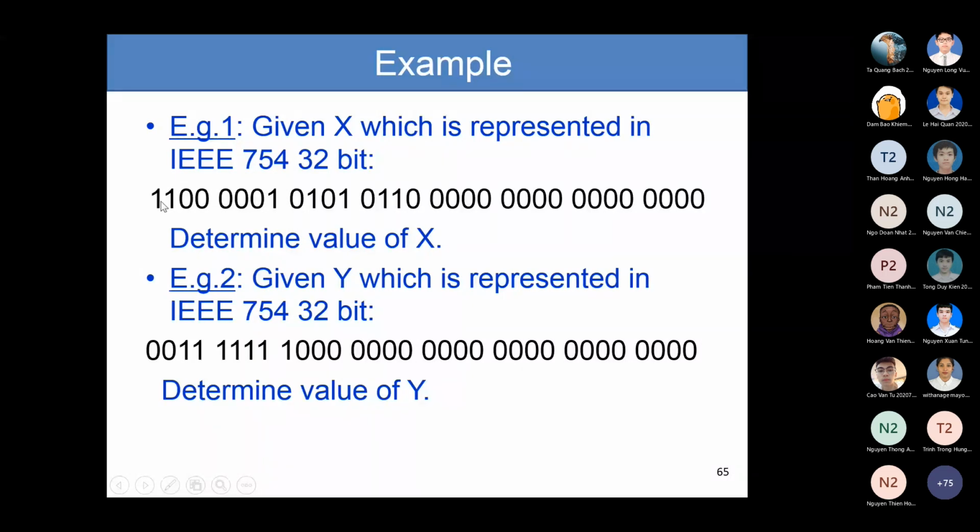And then we find each bit that is used to represent the exponent. So we have the exponent e equal to 1, 0, 0, 0 here, and 0, 0, 1, 0. That is 8 bits used to represent the small e. And the rest of the bits are used to represent the fraction part of the mantissa.